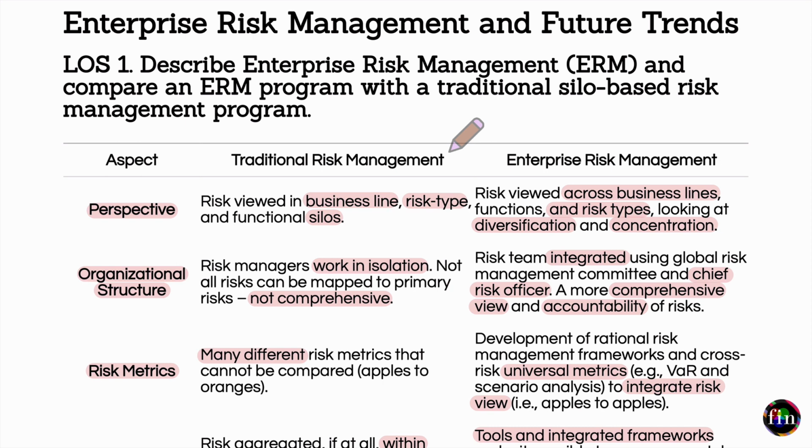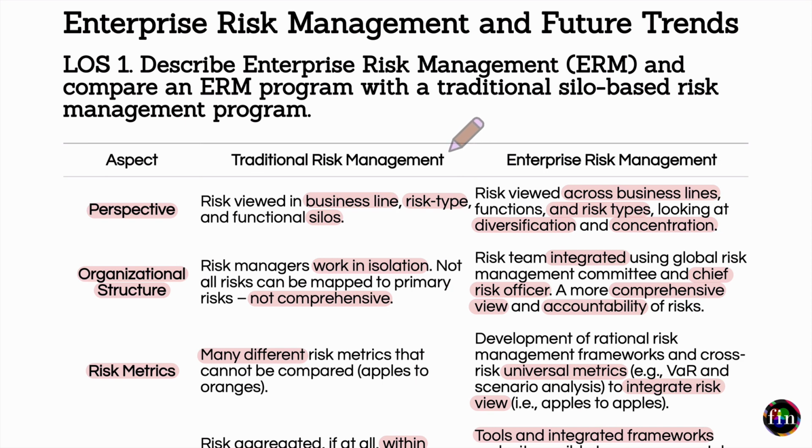Okay, so interest rate risk, although it's a common risk which both these divisions are exposed to, is being managed in silos. It is not being managed at the entire firm-wide or enterprise-wide level. Okay, and that is what enterprise risk management is all about.